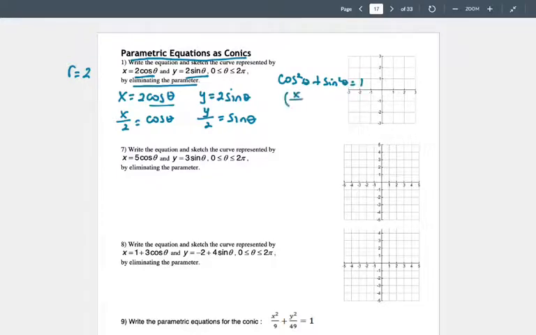So that'll be x over 2 squared plus y over 2 squared equals 1. So that's x squared over 4 plus y squared over 4 equals 1. And then I'm going to multiply both sides by 4, so that gives me x squared plus y squared equals 4. So what that means to me is that I have a center at 0, 0, and I have a radius equal to 2.